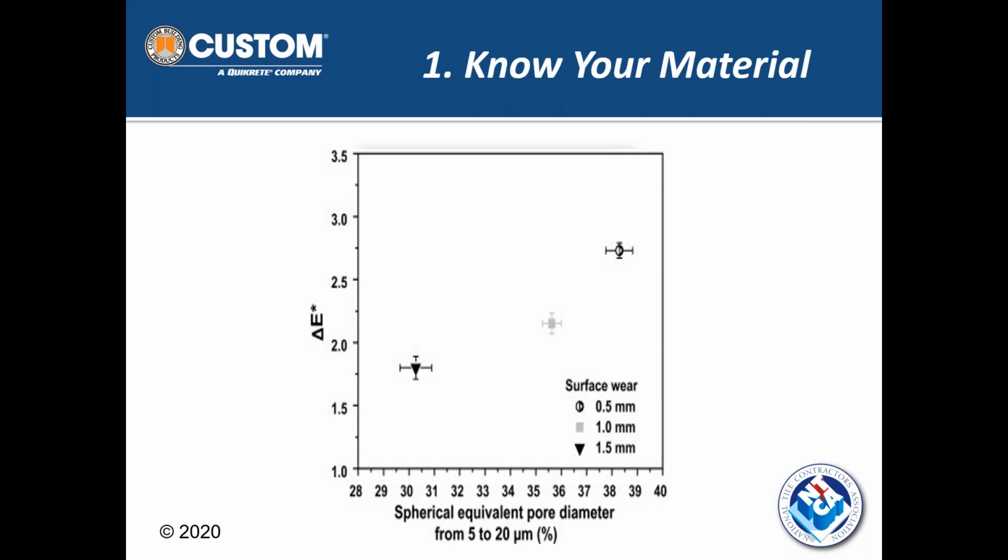What we're showing here is a test where they removed 0.5 millimeter of the surface when they polished, 1 millimeter, and 1.5 millimeters. These are all polished, unglazed porcelains, and what they're showing here is the potential for staining. You'll notice on the very top right, the one that has the highest potential for staining is the material that they only removed 0.5 millimeter from.